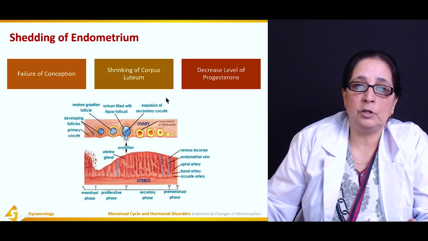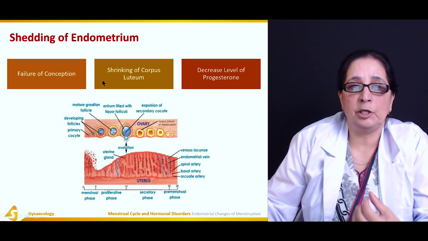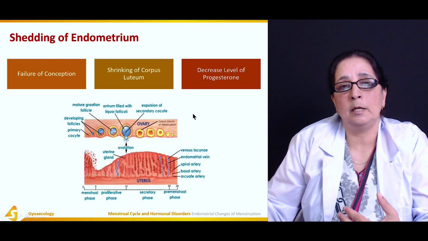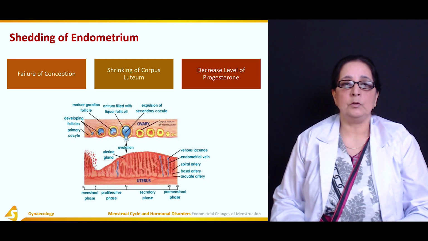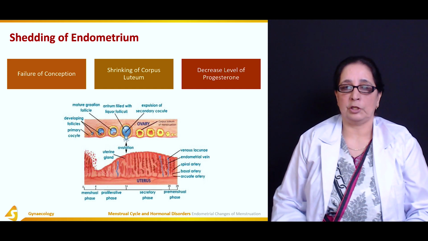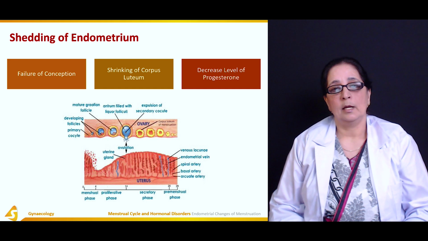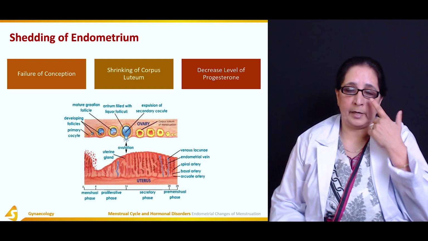So if there is no fertilization, no conception, the corpus luteum shrinks and there is no production of progesterone anymore. But with pregnancy, the corpus luteum continues to produce progesterone, and that increased level of progesterone is very important for the early maintenance of pregnancy.